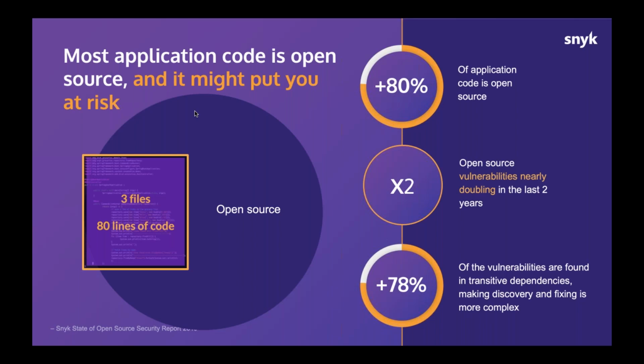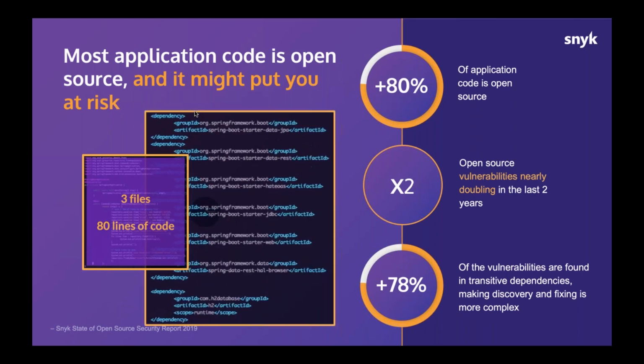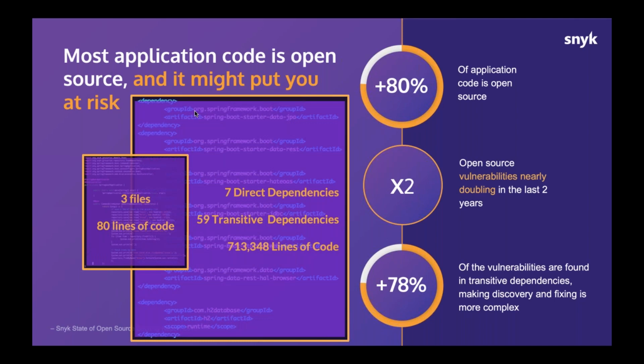If you look at its dependencies, what you see is that it has 7 dependencies. Maybe those with great eyes could see REST and JDBC for database and all those things. So there's 7 packages I'm using for my code.